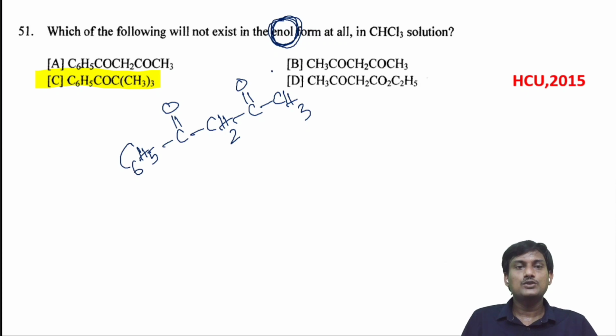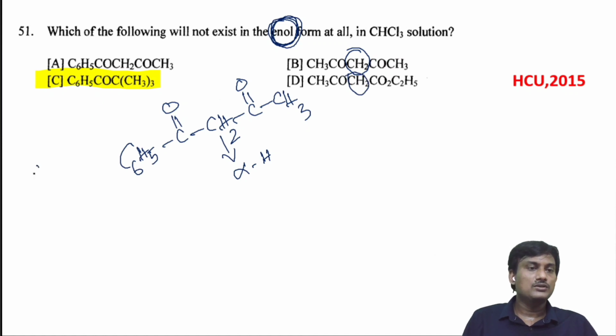You know the condition for keto-enol tautomerism: the carbon which is alpha to the C double bond O should have hydrogens. So here you have alpha hydrogen. In this molecule also you have alpha hydrogen. In this also you have alpha hydrogen.